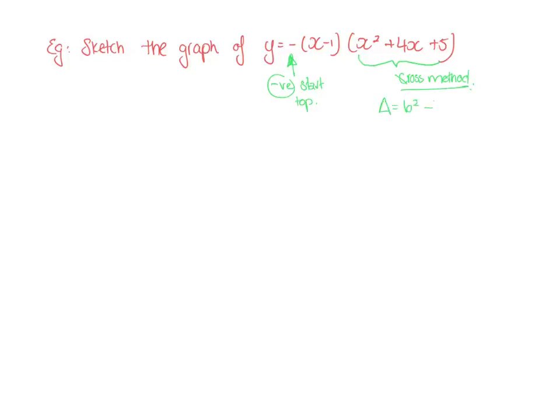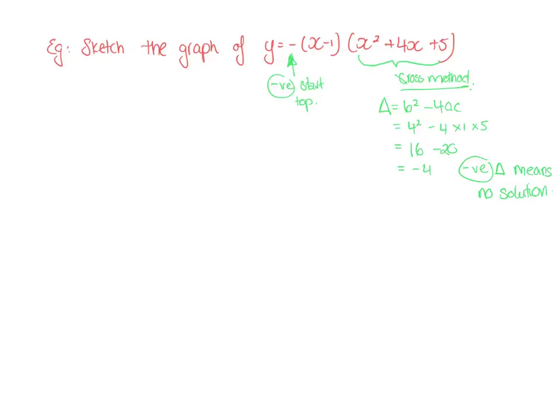The discriminant is b squared minus 4ac, so this would be 4 squared minus 4 times 1 times 5. So 4 squared is 16, and then minus 20. So we have a negative, and a negative discriminant means no solutions for that part.